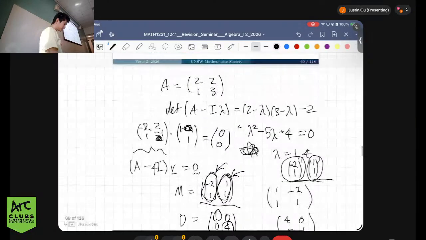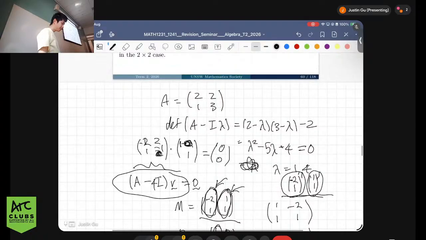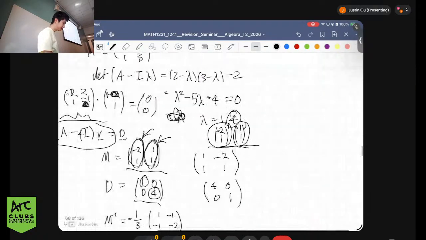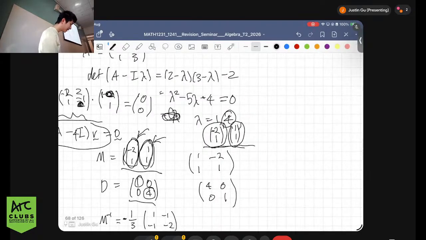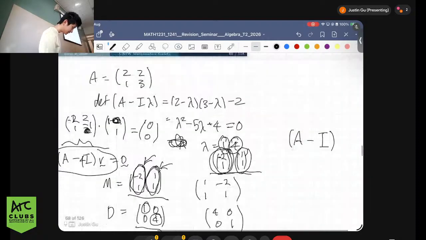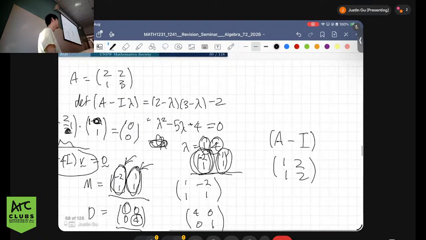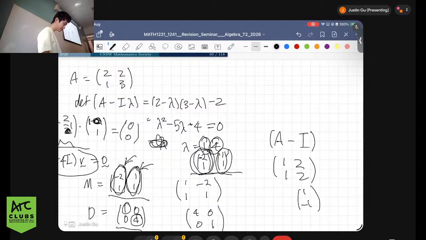Oh, this was when I was solving for the eigenvector corresponding to lambda equals 4. But you do the same thing for lambda equals 1. If you wanted to find this, you would look at this matrix, which is going to be 1, 2, 1, 2, and then you look at what's in its null space. I see that 1 and negative 1.